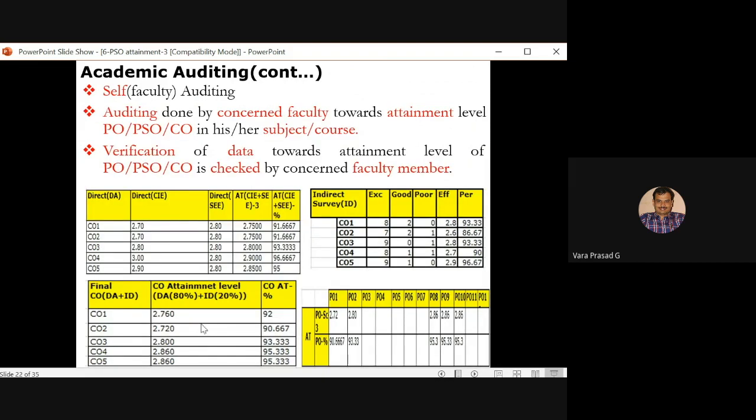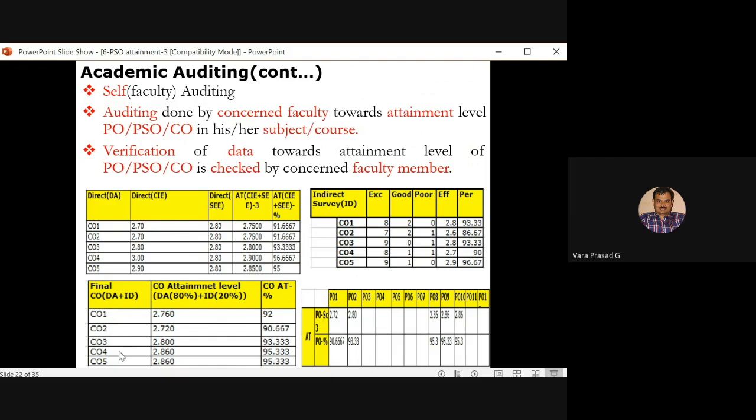First auditing: self auditing. What is the meaning of self auditing here? Whoever is handling a particular subject has to do some sort of auditing. That is called self auditing. It means self auditing is done by the concerned faculty member. For example, I am handling a subject, DBMS, for which I have written five COs.